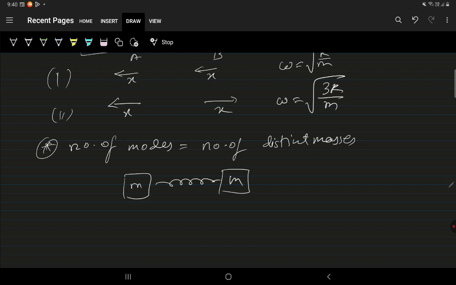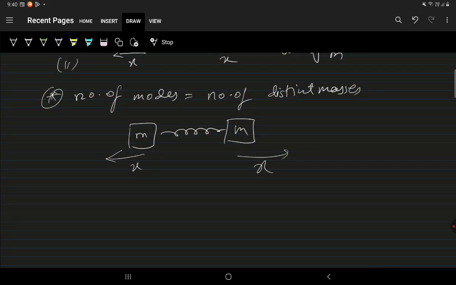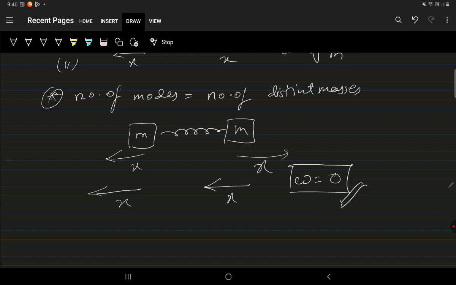Here there are also two masses, but only one mode is possible, that is, this by x and another by x, or they doing SHM in the center of mass field. So the other mode is something like this. This will also be displaced by some distance x, and this will also be displaced by some distance x. In this case, omega comes out to be 0. Pretty surprising, but this is also a solution to this given system.